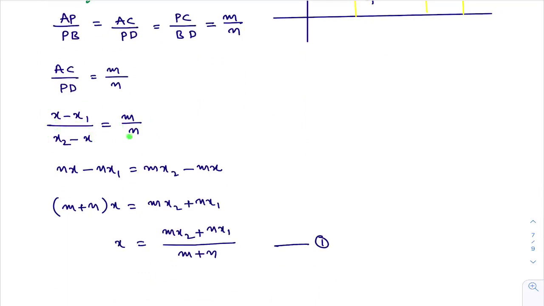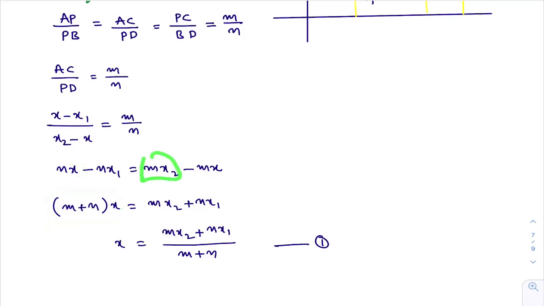Now what I'll do? I'll cross multiply. nx minus nx1 equal to mx2 minus mx. I hope you are understanding, right? Now the minus mx, take to the left hand side. Then you will get mx plus nx, take x common, you will get (m plus n) into x.